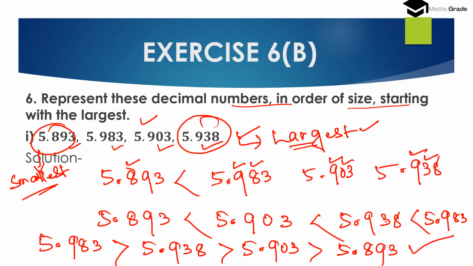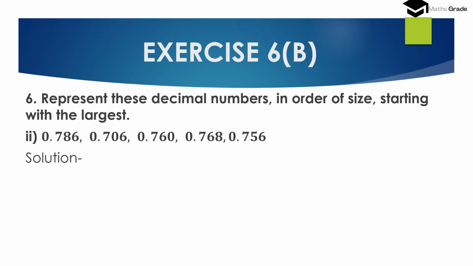Now second bit, we have to represent the decimals starting with the largest decimal: 0.786, 0.706, 0.607, 0.6768 and 0.756. We have to represent these given decimal numbers in order from the largest to the smallest decimal.